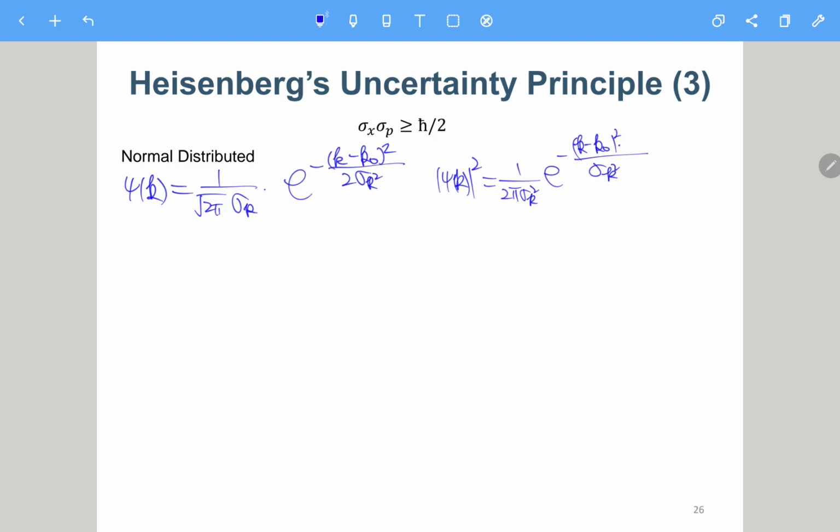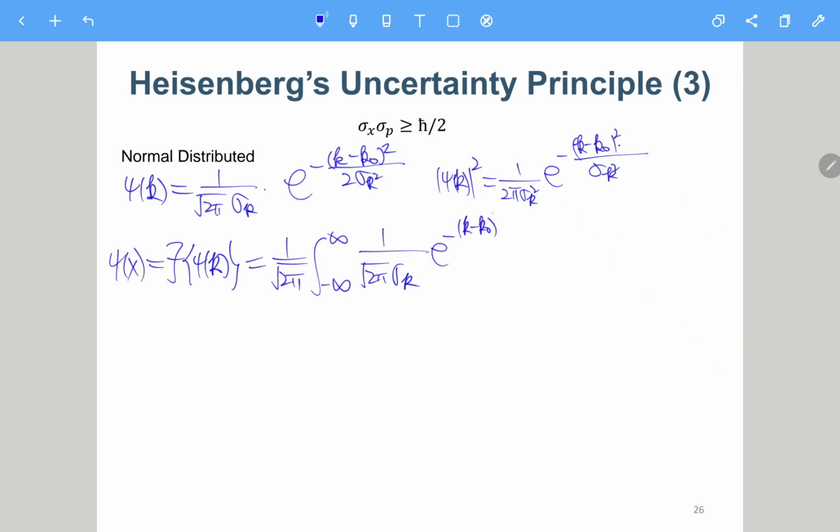Okay, so in the x domain, it is nothing but the Fourier transform of this phi k, which is like 1 over square root of 2 pi, integral from negative infinity to infinity, and then we have 1 over square root of 2 pi sigma k, exponential to minus (k minus k0) square over 2 sigma k square, and then exponential to minus ikx dx.